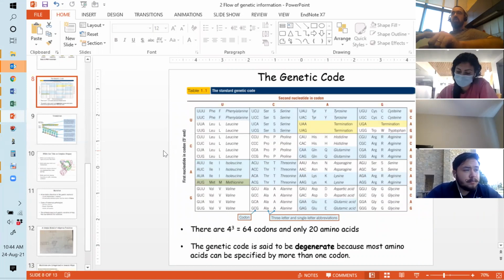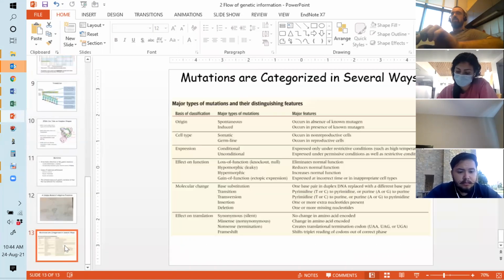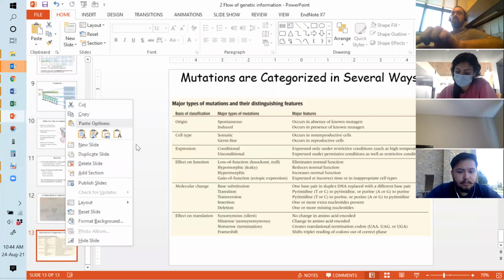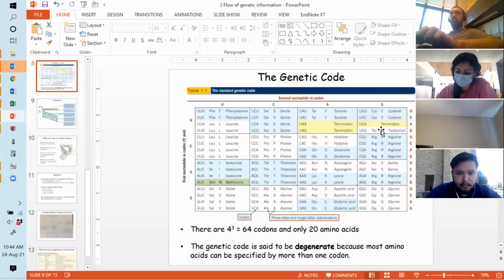No, there's not, because it still encodes a leucine. So this is called a silent or synonymous mutation. If it ends up instead creating a stop codon, then that's really bad news because you're going to get a truncated protein, which probably isn't going to work.